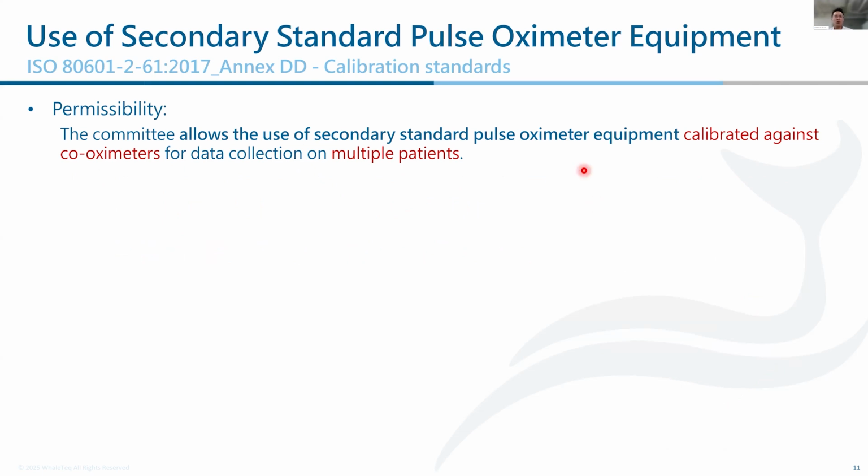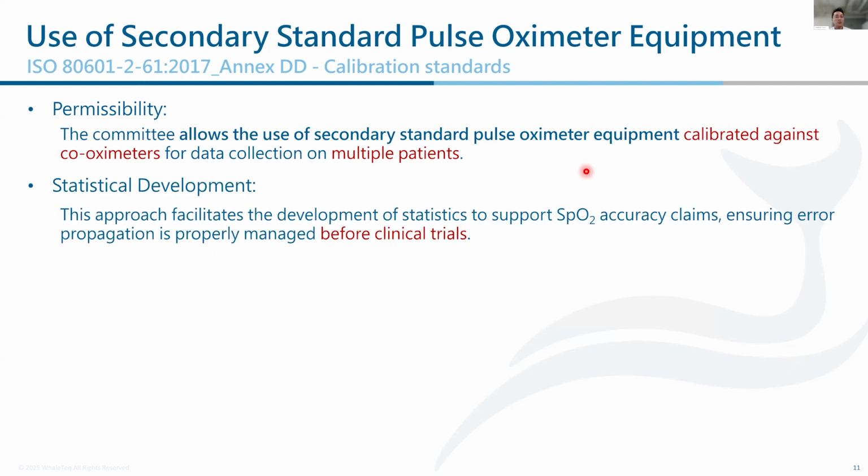So instead of going through the clinical trial, which is an invasive, costly, time-consuming way, you can adopt the secondary standard. That saves a lot of capital investment for sure. It's good news, a gospel for every manufacturer. And second, this method prepares statistical proof for the accuracy claim before the actual clinical trial.